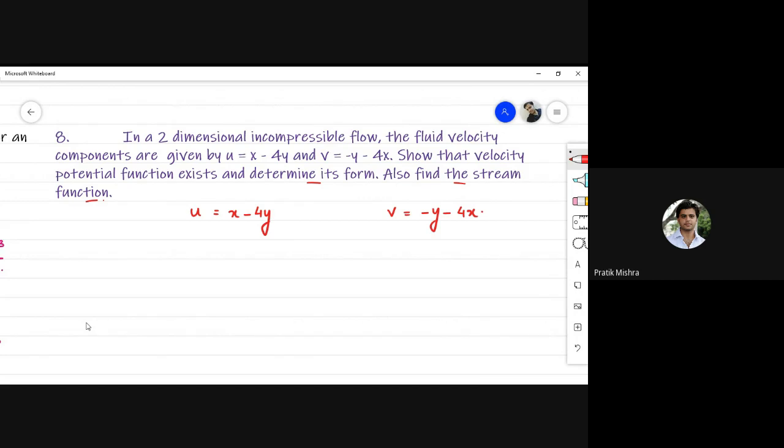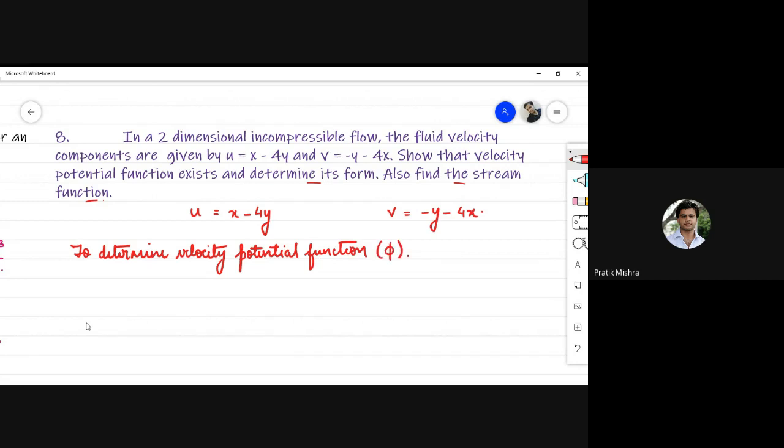First of all you need to determine the velocity potential function, that is phi.